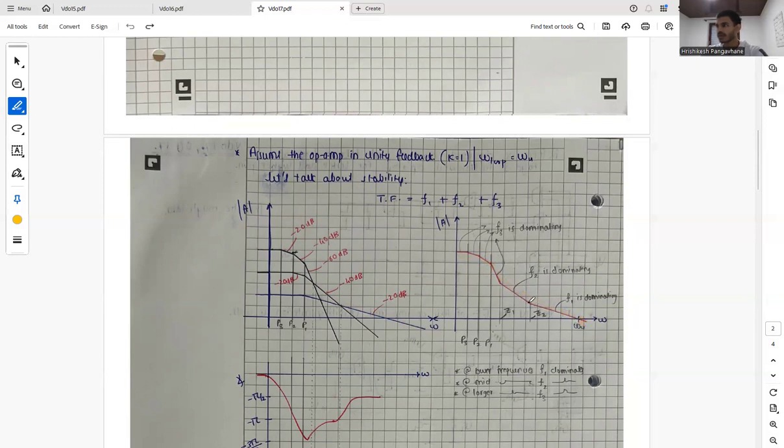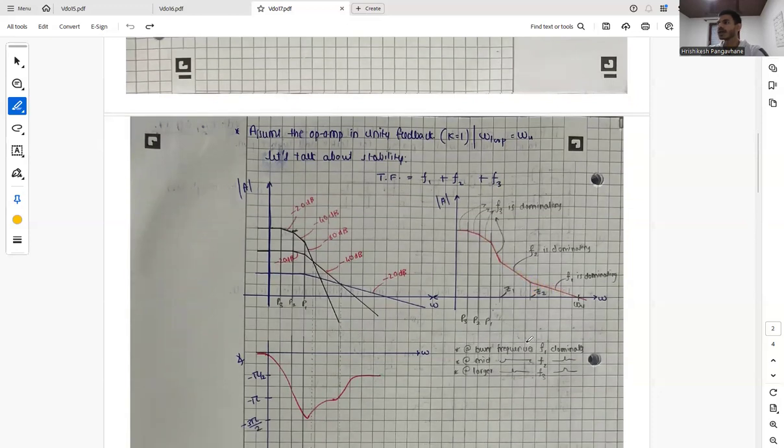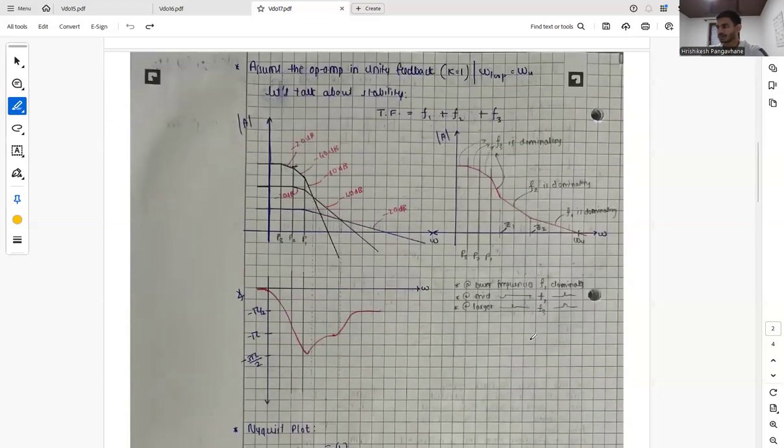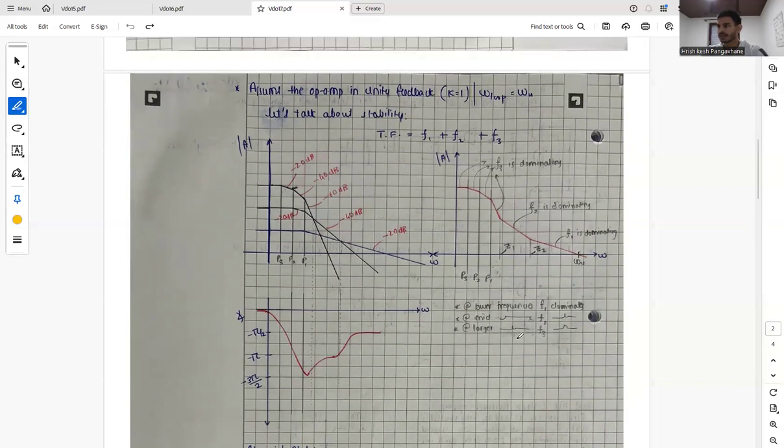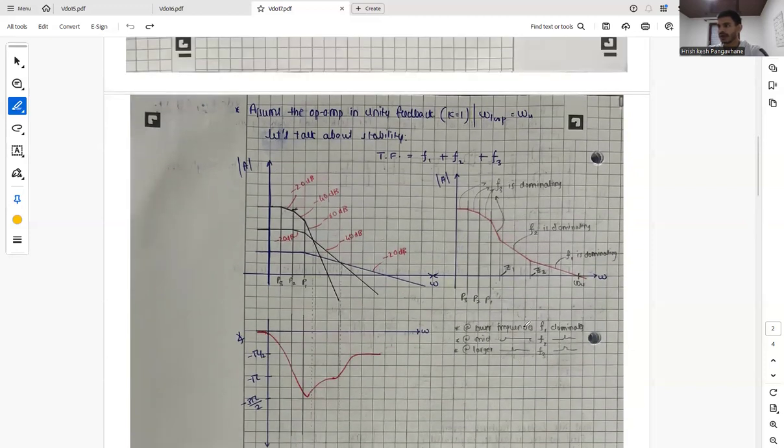From here we can say that we had a minus 60 and it went to minus 40 dB roll off, so our zero will lie over here. Similarly, from minus 40 it went to minus 20, so our second zero will lie over here. So at lower frequencies, in this range, function 1 dominates.